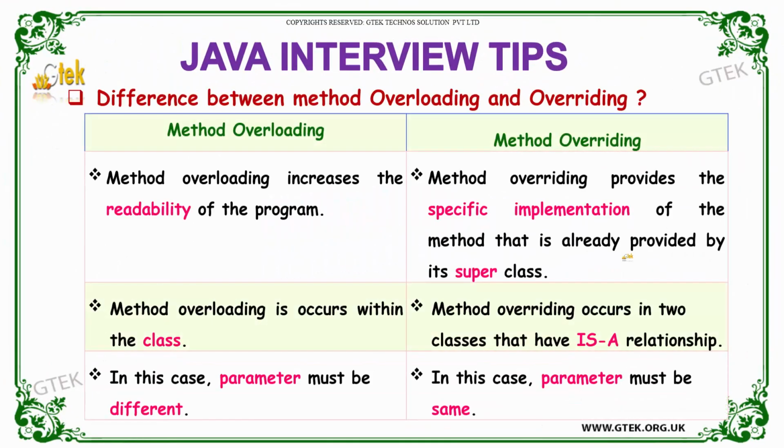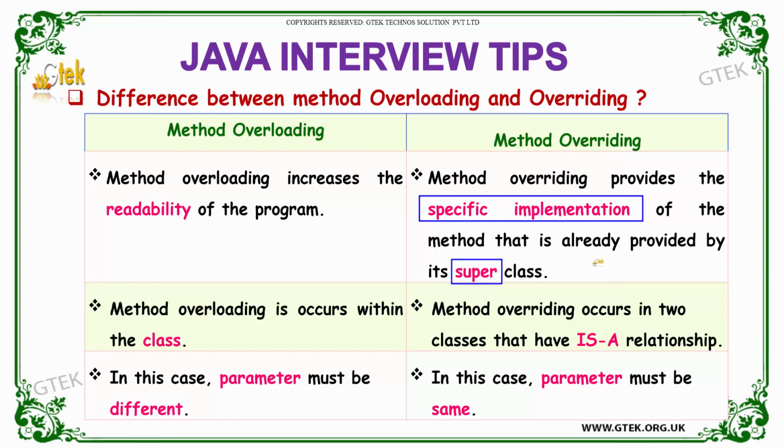Let us see our next question. What is the difference between method overloading and overriding? Method overloading increases the readability of the program, whereas method overriding provides specific implementation of a method that is already provided by its superclass.